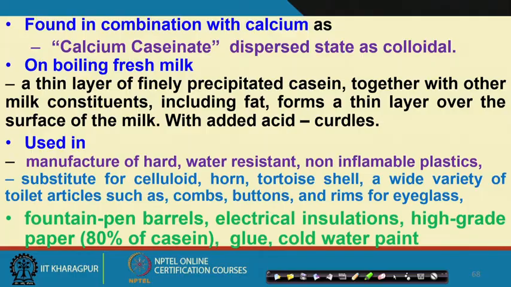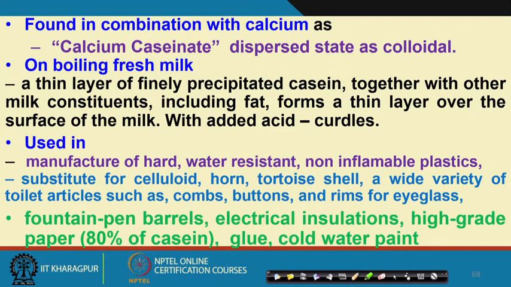This is how the spilling of the milk during boiling occurs. And if there is high acidity, then it curdles, that is also already discussed, right.